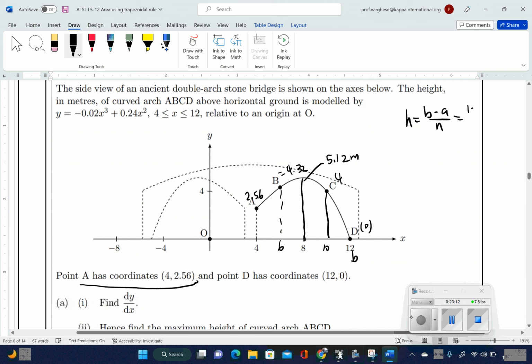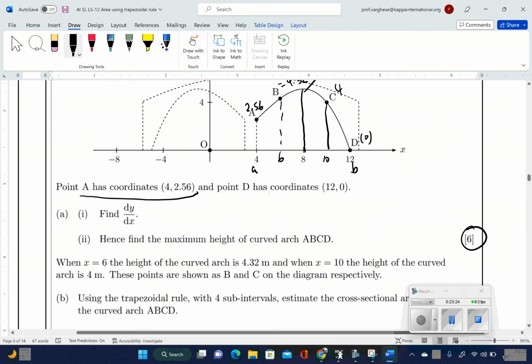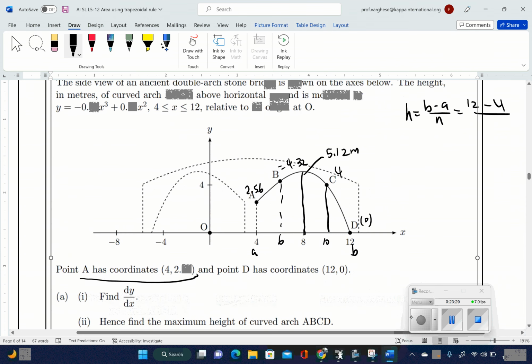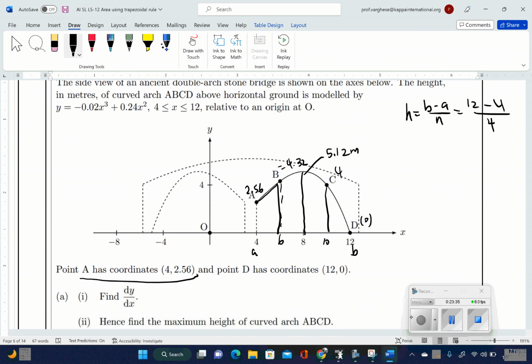So I'm going to go ahead and put 12 here, minus the smallest number here, a, which is 4. So 12 minus 4 divided by, and they're telling us that there are 4 subintervals. So my n, my number of trapezoids, is going to be 4. You could see them right here, right? That's 1 trapezoid, 2, 3, and 4. Okay, so there are 4 trapezoids.